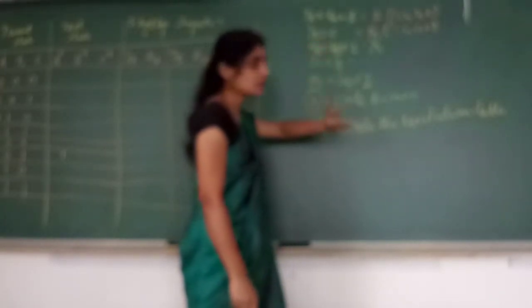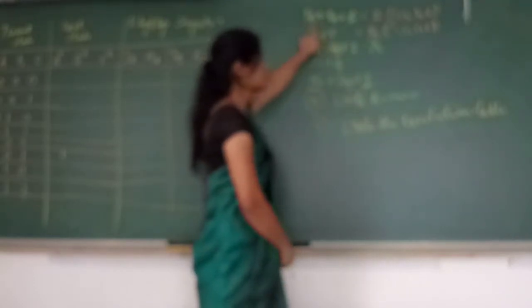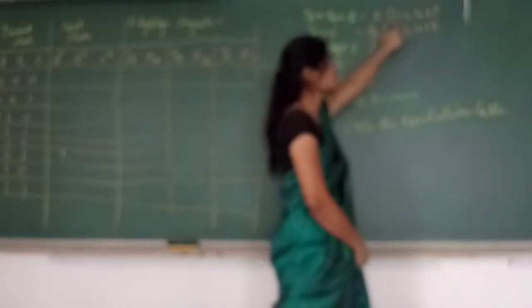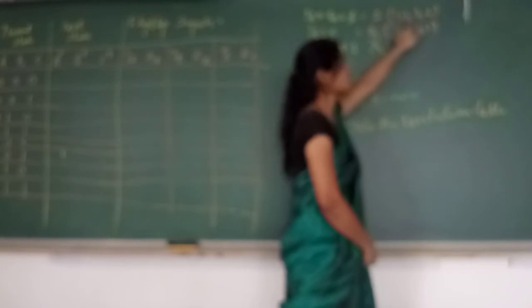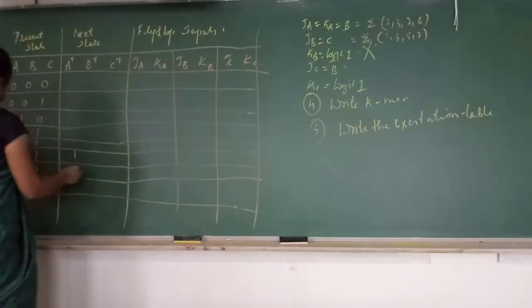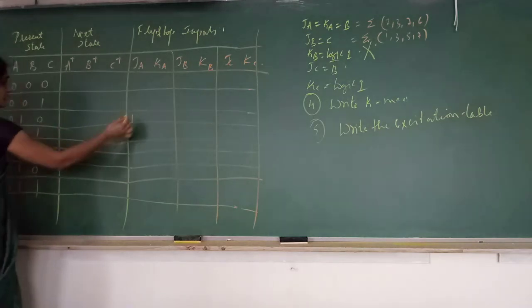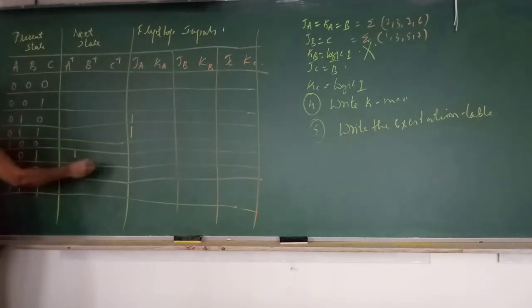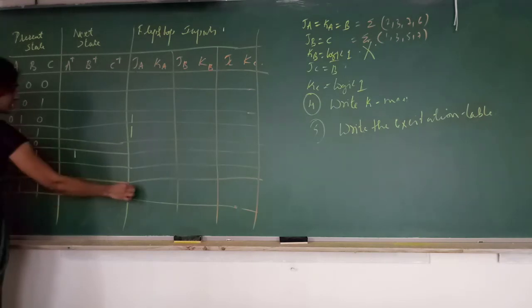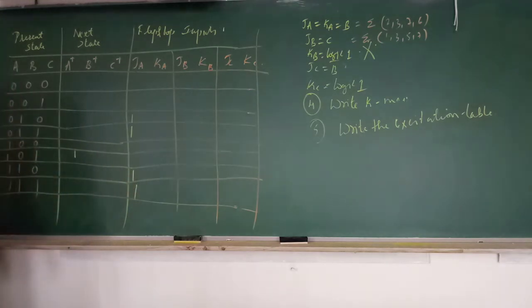For example, we have written the K-map for JA. What are the min terms we have got? 2, 3, 7, 6. So 0, 1, 2, 3, 4, 5, 6, 7. 2, 3, 7, 6. These are the min terms for JA. Similarly, what is KA?